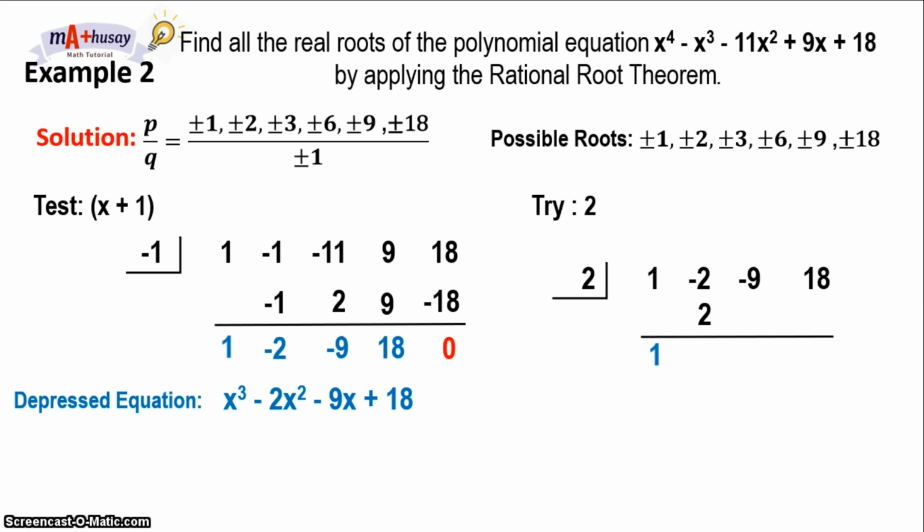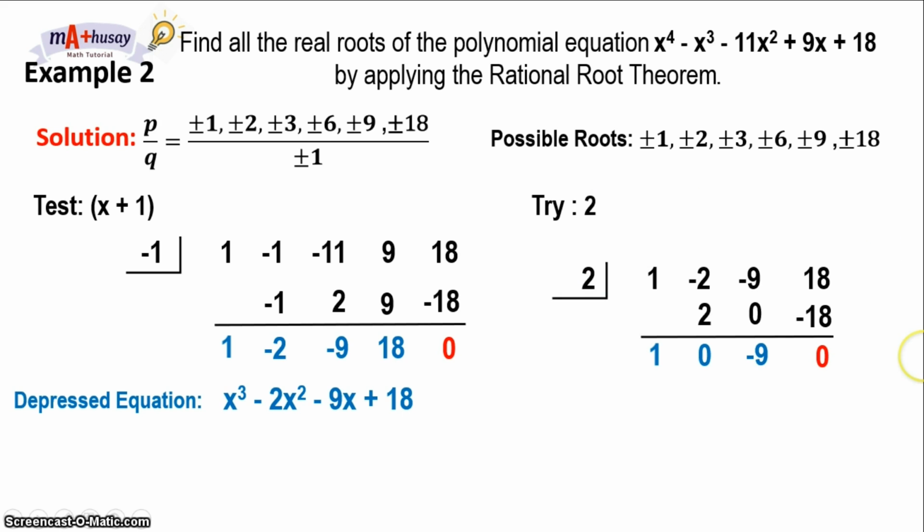Negative 2 plus 2 is 0. 2 times 0 is 0. Negative 9 plus 0 is negative 9. Negative 9 times 2 is negative 18. Now, obviously, the remainder is 0, and we can say that 2 is another root of the polynomial equation p of x.